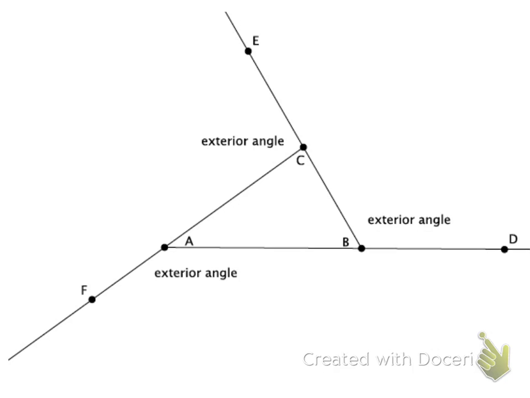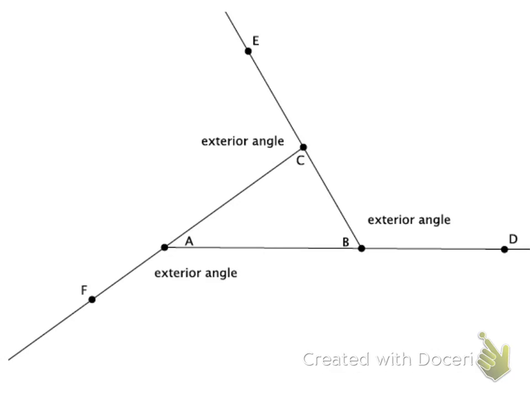Right now we're going to jot down some vocabulary and work through some relationships here. We know about the interior angles of this triangle. They are here and here and here. And they add up to 180 degrees. So we're just going to record that down here.